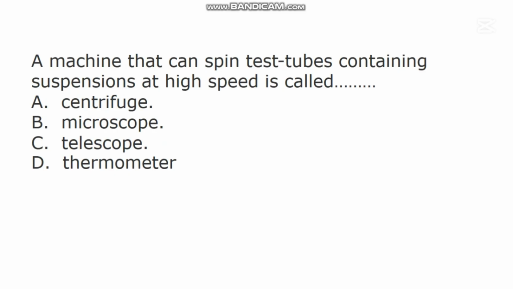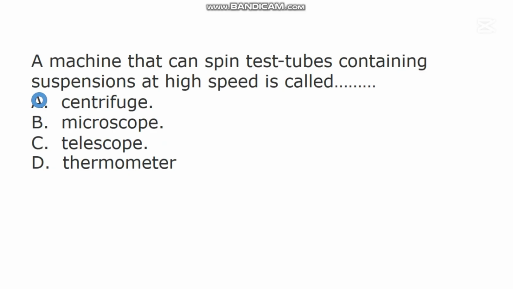In this question, the correct answer is A. Centrifuge. This centrifuge is a machine that has the ability of spinning test tubes containing suspensions at a very high speed. Studies have shown that in hospitals, this machine can be used to separate cells from a blood sample.